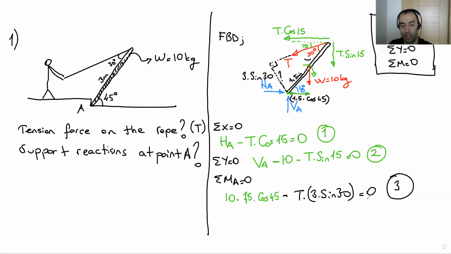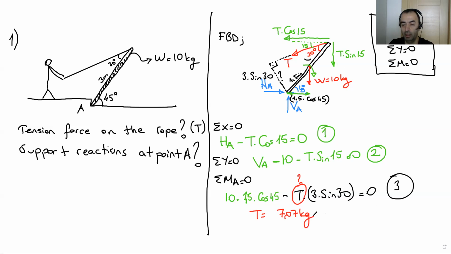If we look at all these 3 equations, we can solve the last one first, the third equation, because there is only one unknown here, T. All other numbers are here, as you can see. If we solve this equation, T is 7.07 kilogram.